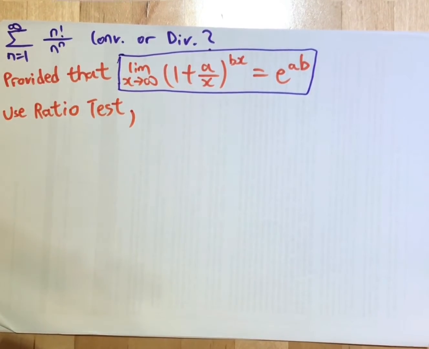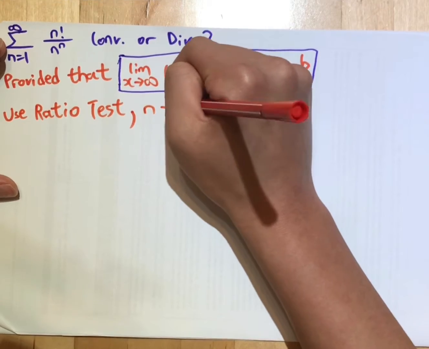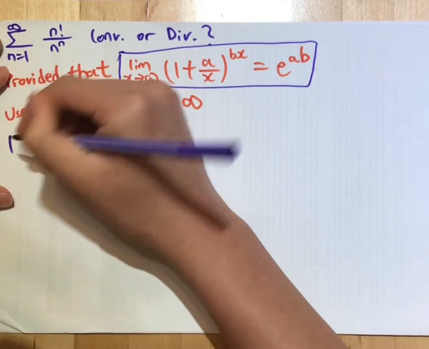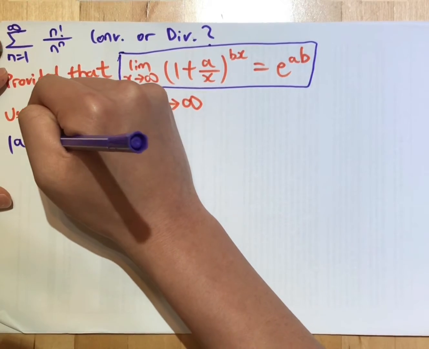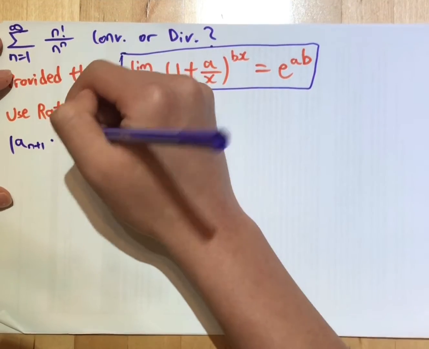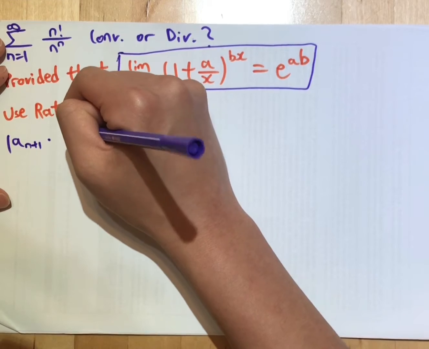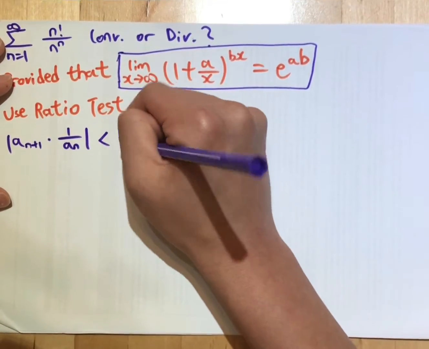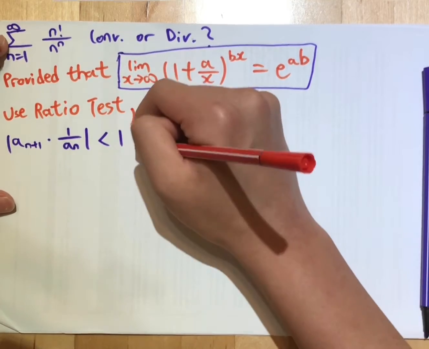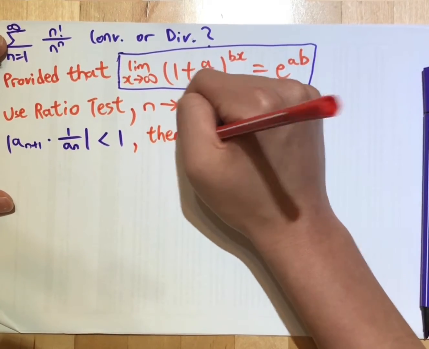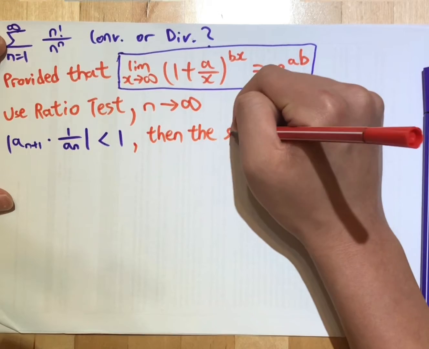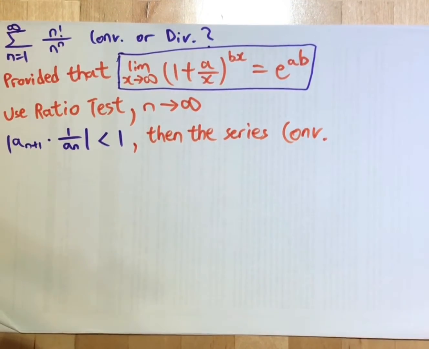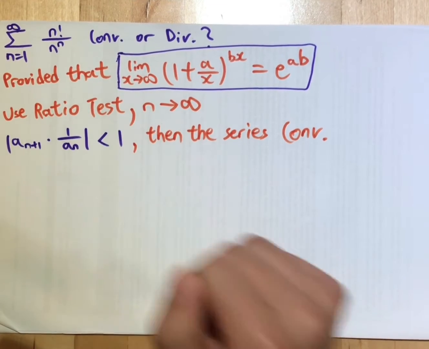The ratio test means when n approaches infinity, the absolute value of a sub n plus 1 multiplied by the reciprocal of a sub n, if it is less than 1, then the series converges, and this is the ratio test.